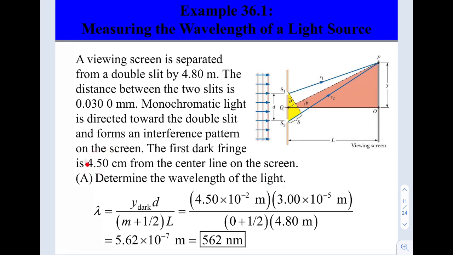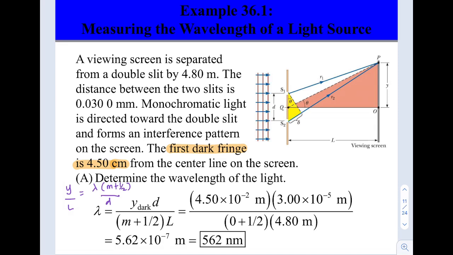Because the information given to us is about the dark fringe, first dark fringe at 4.5 cm from the center line, we are given y dark. So based on y over L equivalent to lambda, m plus half, over d, we rearrange this.